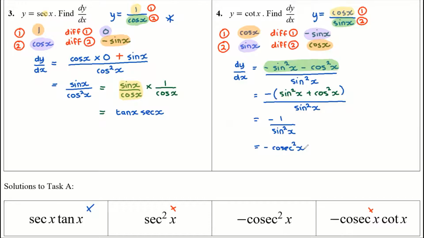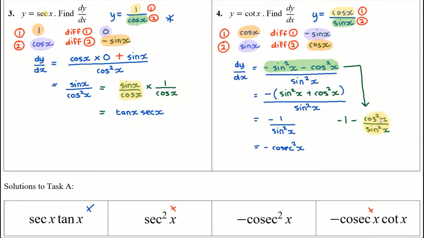Just while I'm mentioning that, I might just as well tell you about the idea that I was talking about. If you split this up into 2 separate fractions, the cancellation will give you negative sine squared over sine squared, which is, of course, negative 1. And then you'd be subtracting cos squared x over sine squared x, like that. Now, the second term there is cos over sine, which is, of course, cot.